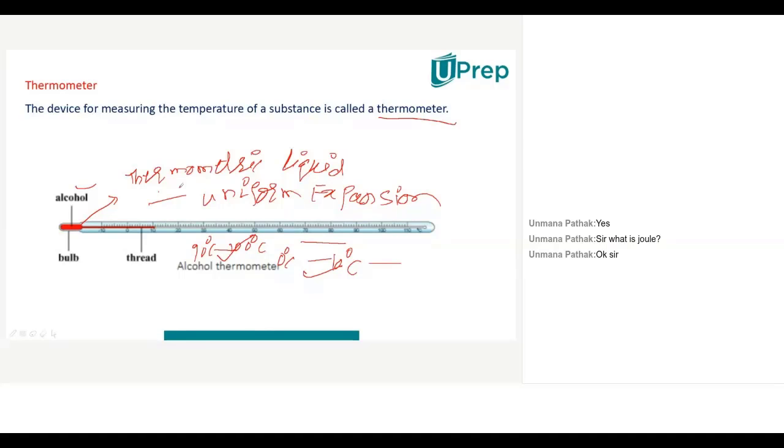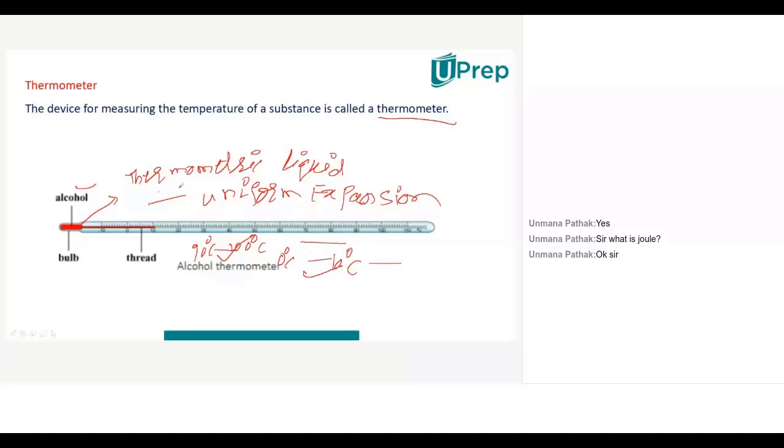Alcohol thermometers also will be used, but alcohol thermometers generally will be used to find out the temperature of the atmosphere, but they will not be used for practical purposes. Why? Because it will not have that much uniform expansion like mercury has. So whenever you are doing experiments to find out accurate temperature, we use mercury thermometers only.